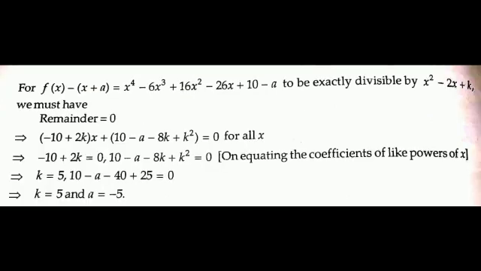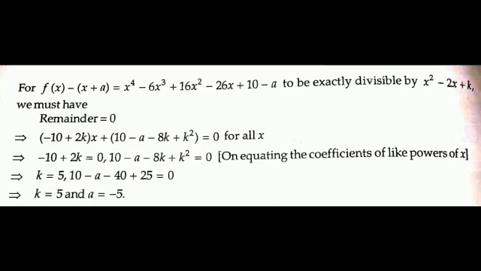So for f(x) minus (x plus a), that is dividend minus remainder, we had the dividend as x to the power 4 minus 6x cube plus 16x square minus 26x plus 10 minus a, to be exactly divisible by the divisor, which is given as x square minus 2x plus k.